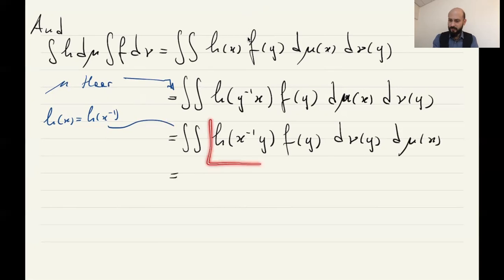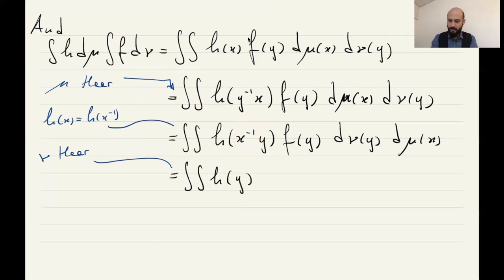Now I see this integral first as an integral in y, and I multiply on the left by x, and I use the fact that nu is a Haar measure. So instead of y, I put xy. This x minus 1 is going to disappear. So it's the integral of h(y) f(xy) d nu(y) d mu(x).